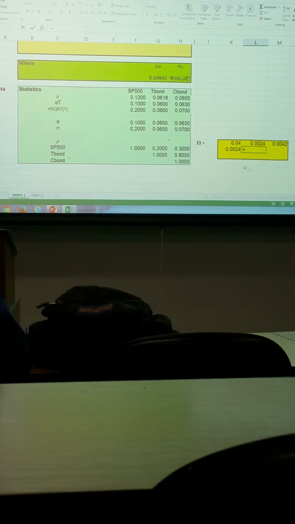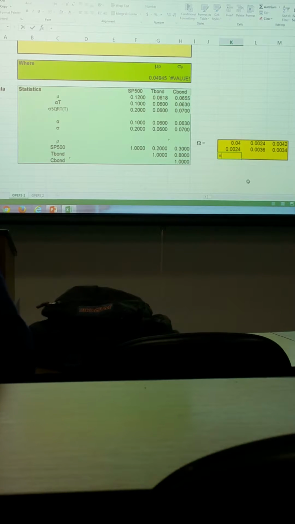This one is supposed to be the squared T-bond standard deviation, that is equal to correlation coefficient times this standard deviation times this.